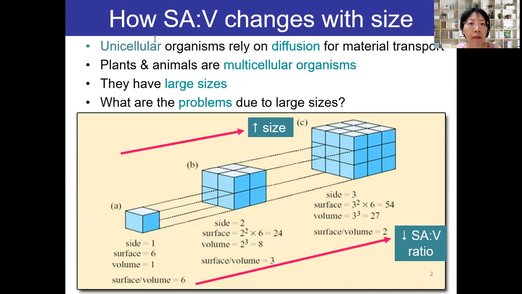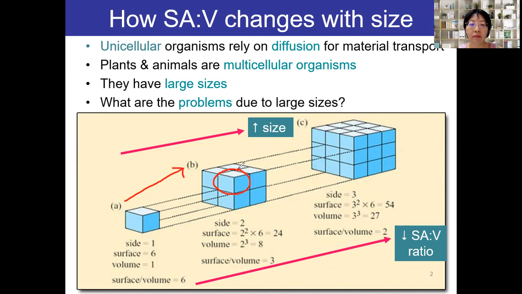Now, one step up. What if it is a multicellular organism like fungi? Now you examine one cube here, which represents one cell. Out of the 6 surfaces that it has, how many surfaces are facing the external environment?